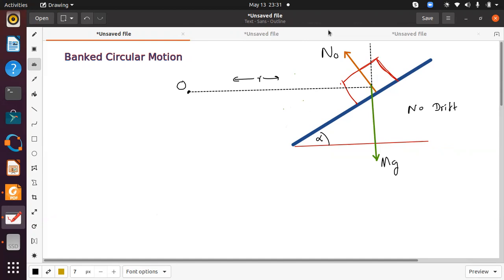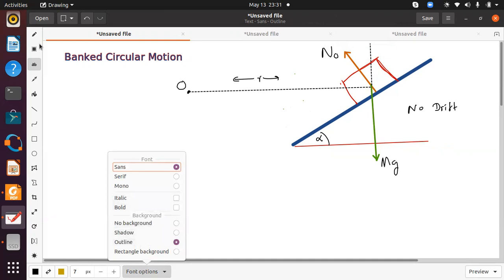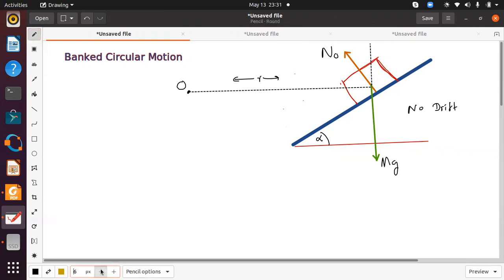Now here's the thing. This is N naught, the normal reaction force, and this is alpha.